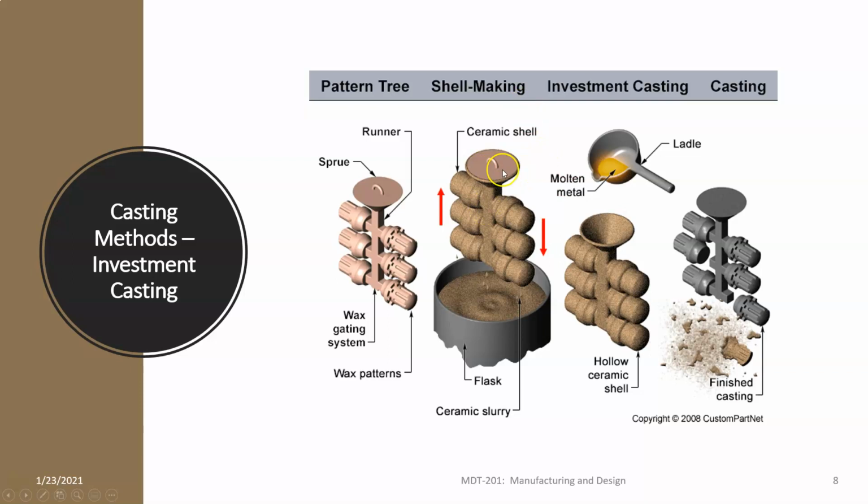So upside down means all the wax is going to flow out of the sprue area right here, right? So you put it in an oven, all that wax melts out, and what you're left with is a hollow ceramic shell. And then you pour your molten metal inside, let it cool, and boom. And then you break off the ceramic shell, and you have your finished part. All right. So that's investment casting.